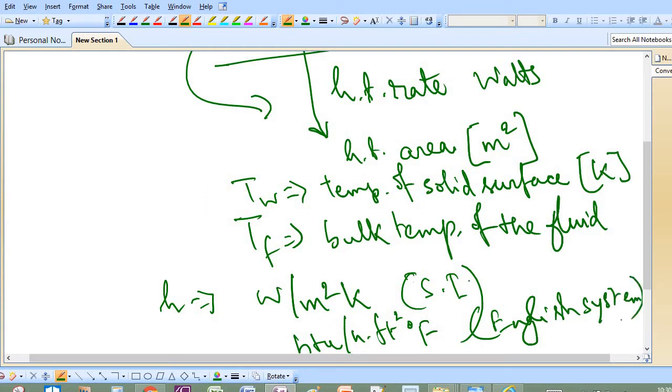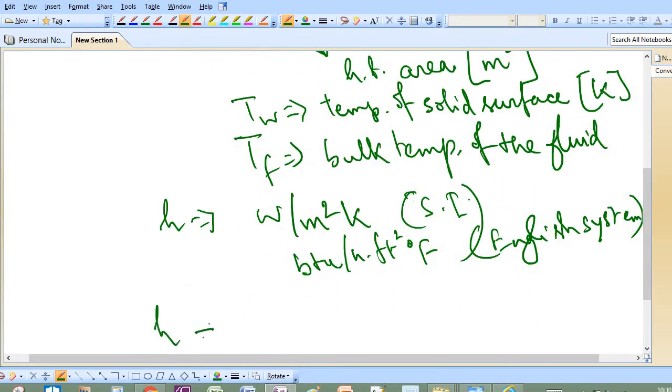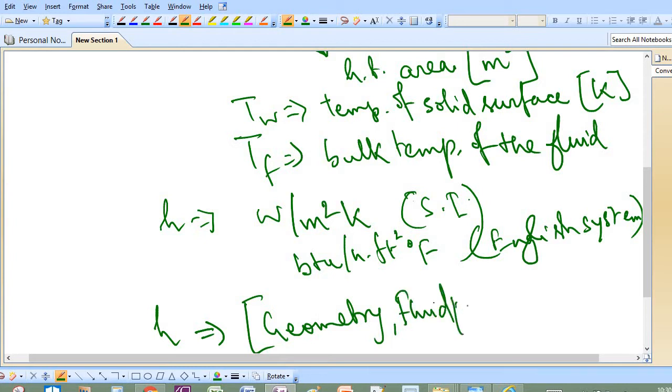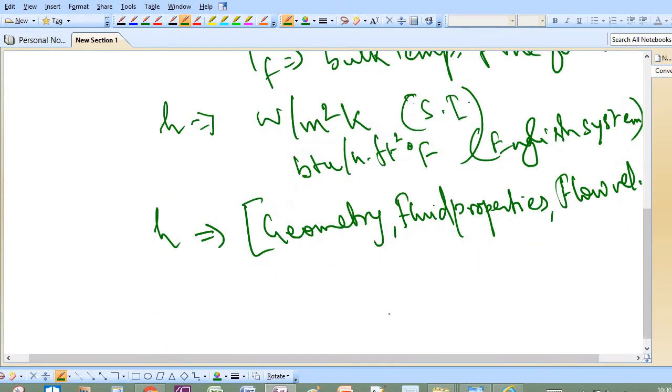After this, the convective coefficient H is a function of the system geometry, fluid properties, and flow velocity, for the temperature difference.